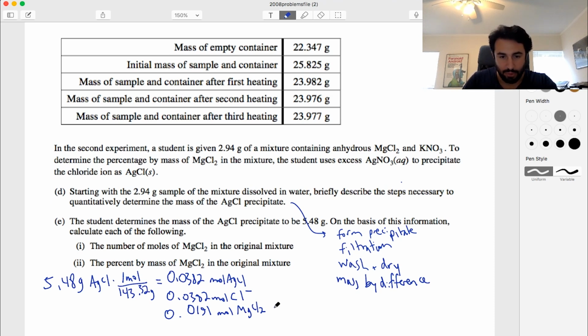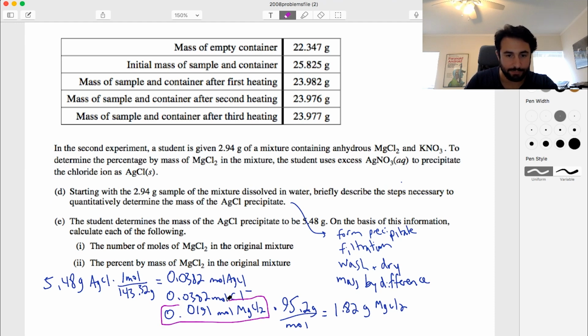So that many moles times 95.2 grams per mole gives us 1.82 grams of MgCl2, right? Oh, wait, I forgot the number of moles. Yeah, this is the answer to part 1, right?